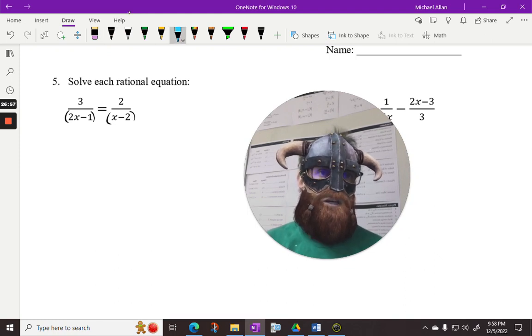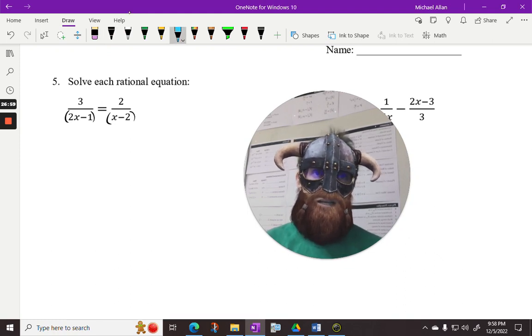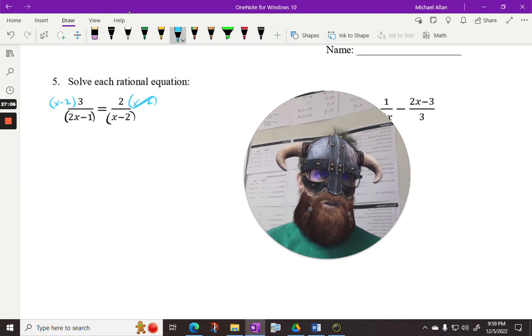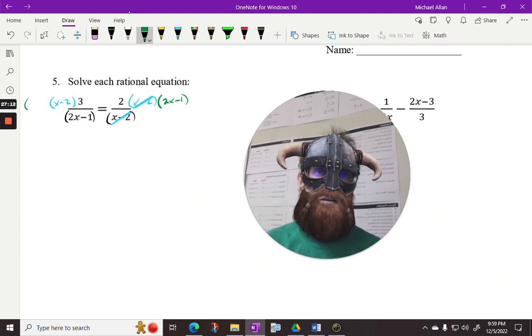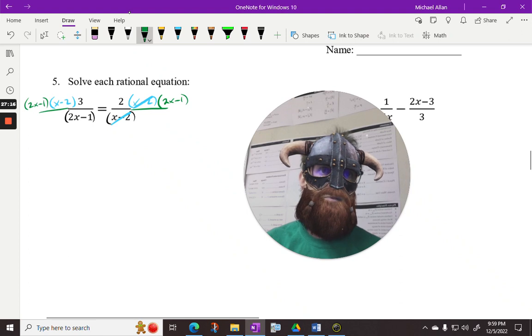On this one, because we do have an equal sign, we're allowed to do this. We can times both sides by x minus 2, so this one's going to cross off here. That's awesome. And then we're going to times both sides by 2x minus 1. So we're just timesing the tops there, but then those cross off.